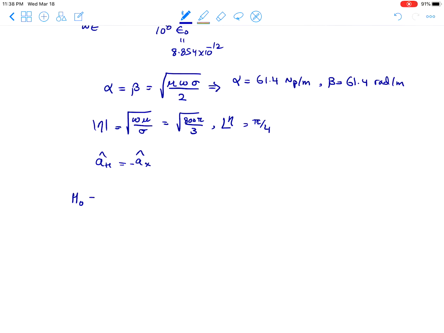Now, let's find the magnitude of the magnetic field.